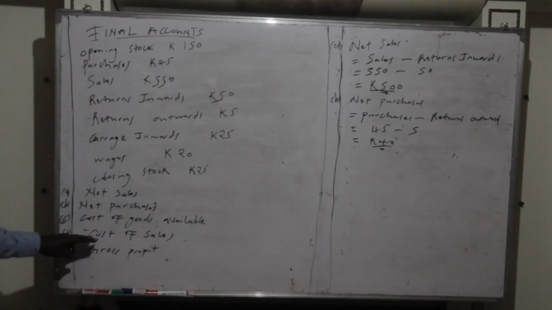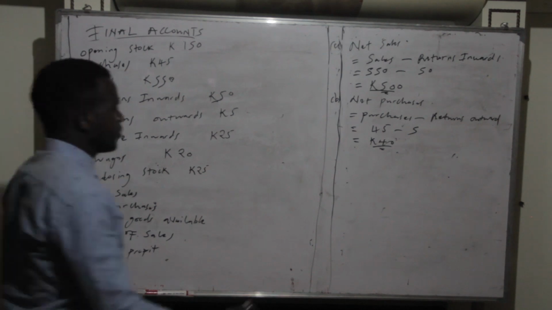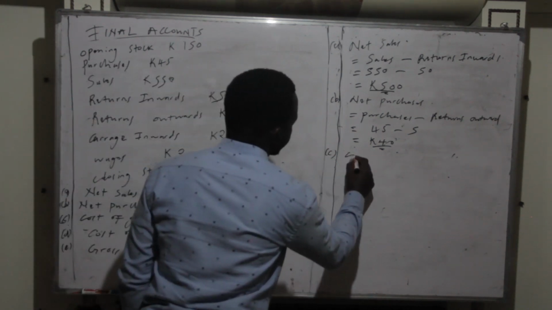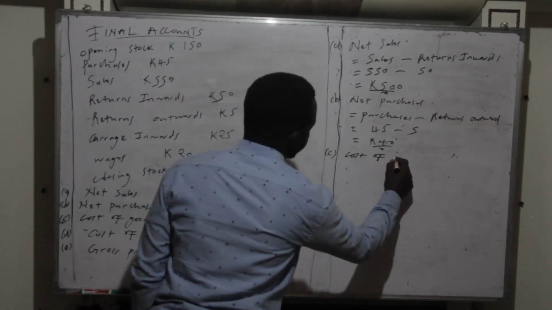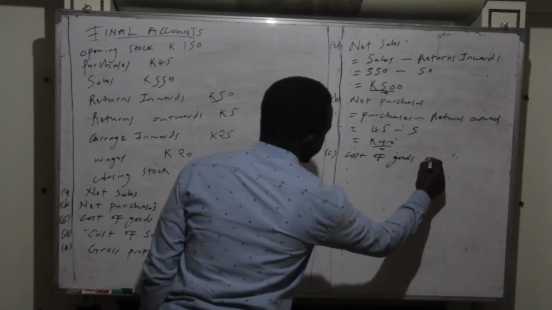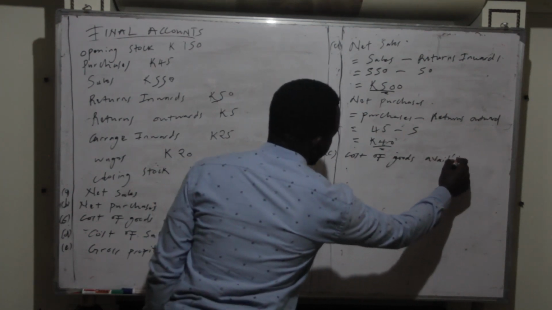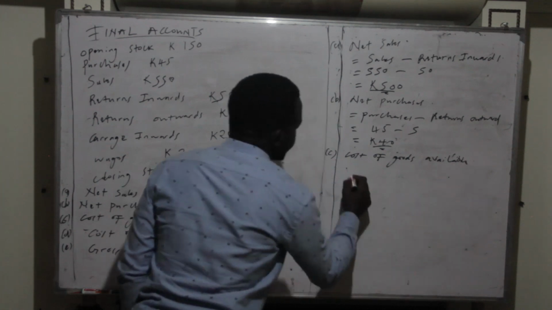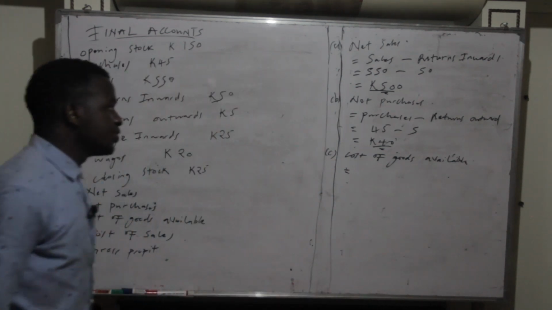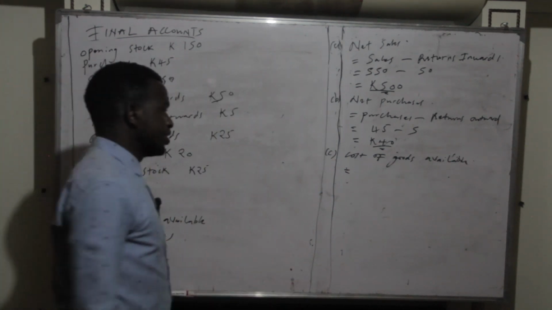Then let us find the cost of goods available. So the cost of goods available, we use this formula.